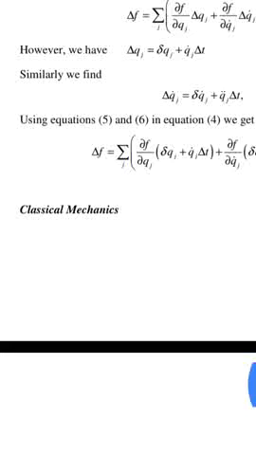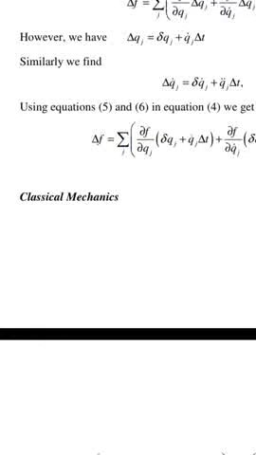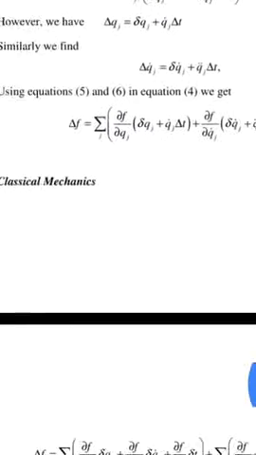However, we have del qj is equal to delta qj plus qj dot del t. Similarly, we find del qj dot is equal to delta qj dot plus qj double dot del t.